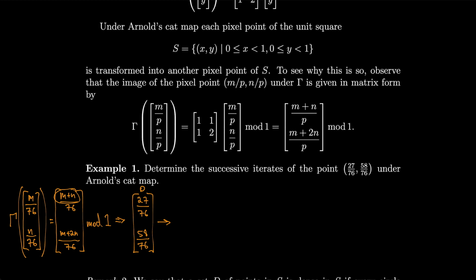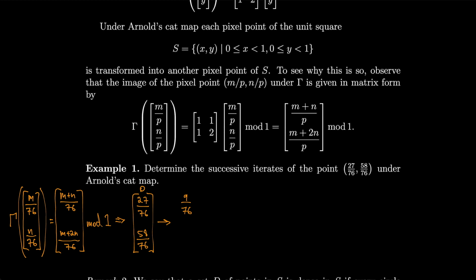So if we take 27 plus 58, then we get 85. But we can't leave it as 85 over 76 because it's modulo 1. So we divide by 76 and we take the remainder. You could split it as 76 over 76 plus 9 over 76 if you want to identify that remainder of 9. In any case, we get 9 over 76.